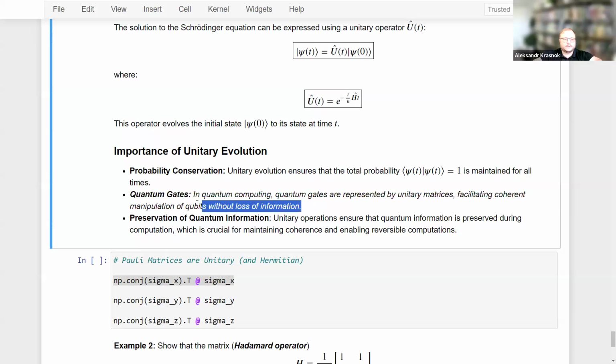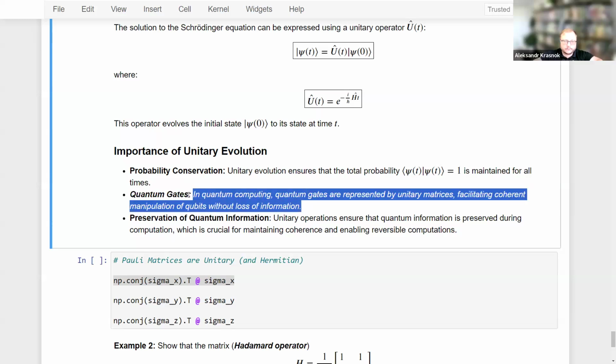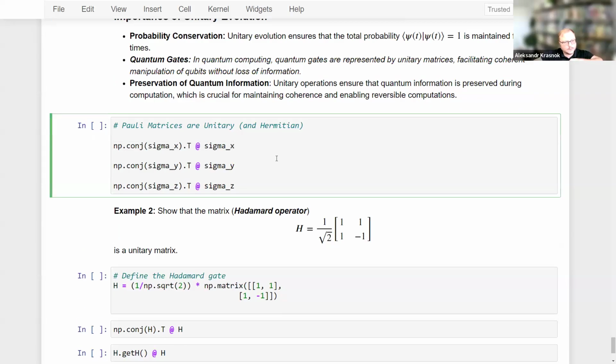Very important is that all quantum gates, at least those quantum gates that we will cover in our course, are all given by unitary matrices and unitary operators. Two examples I show here. These Pauli matrices are not only Hermitian but also unitary.